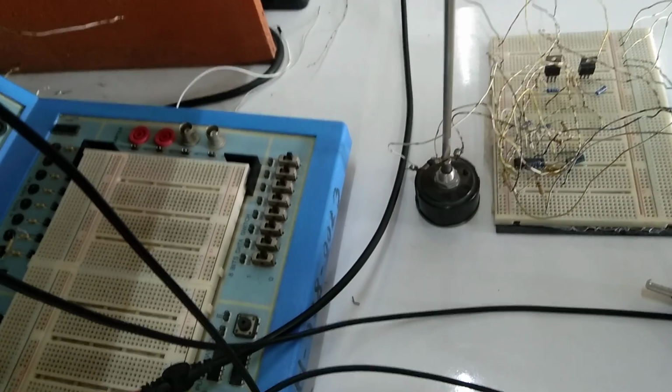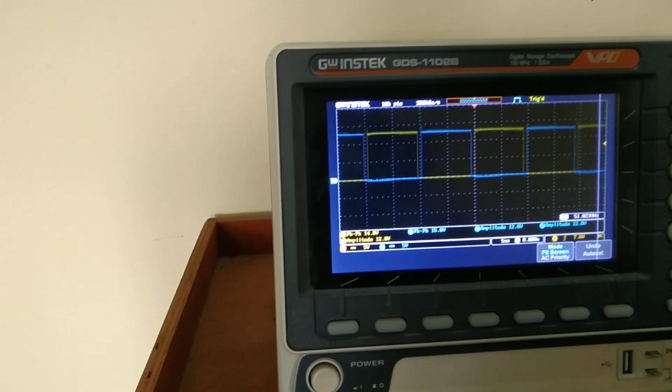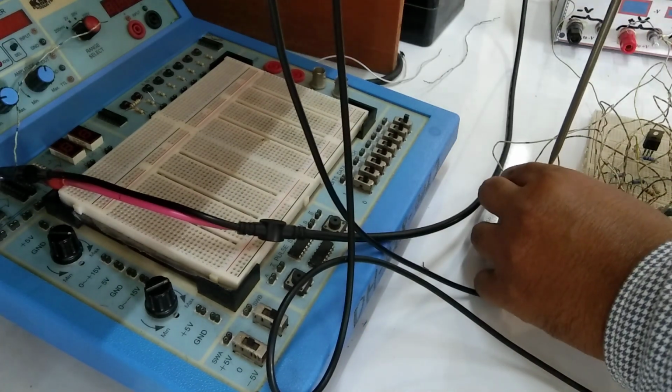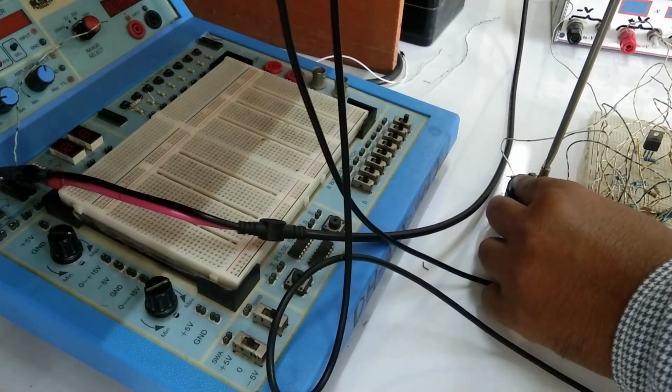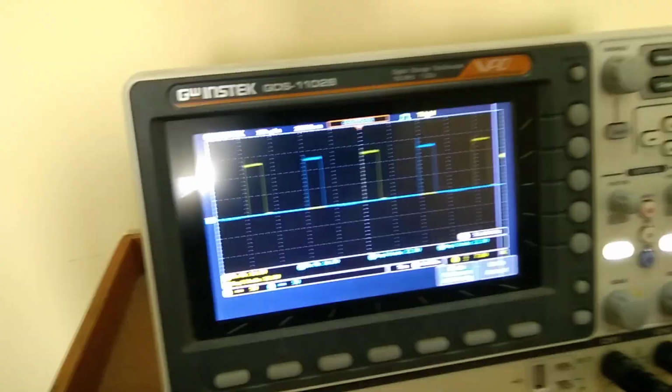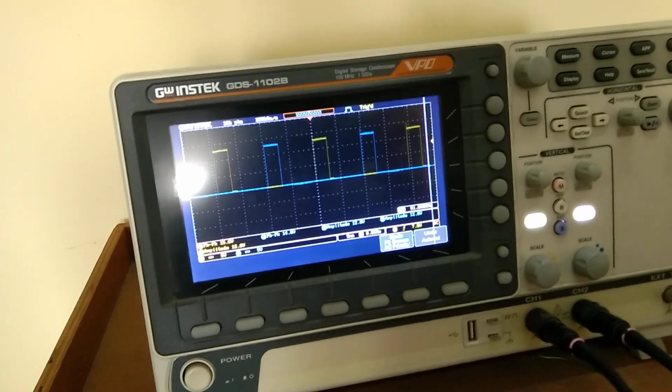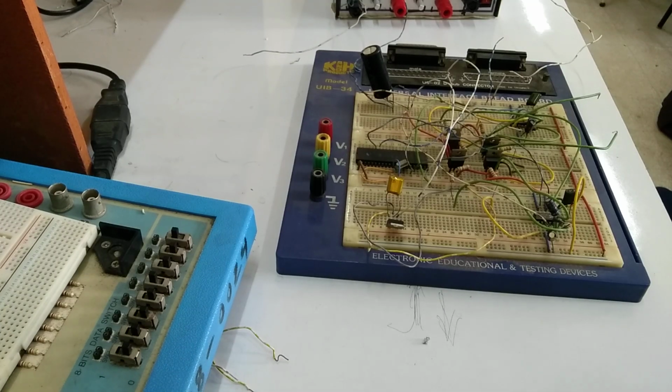When I rotate this one, the pulse width changed. Feedback input. S-bridge inverter.